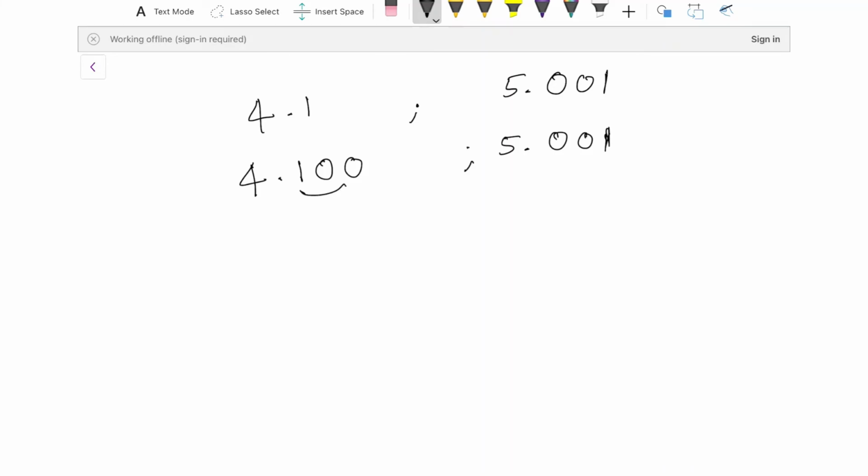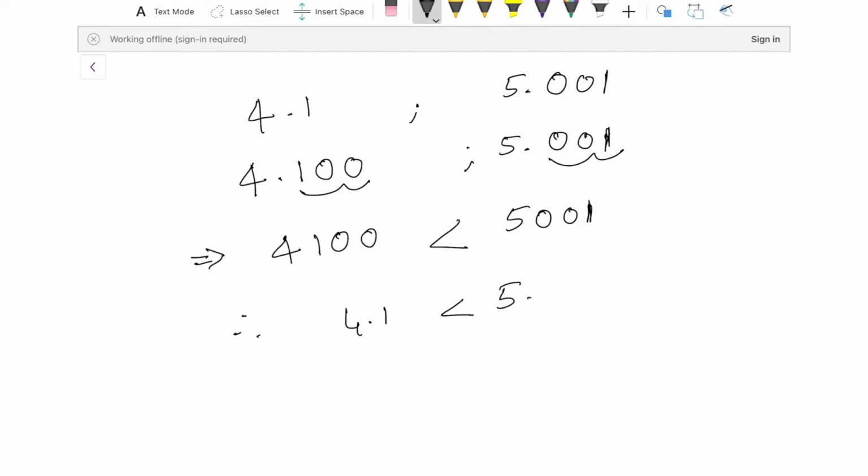Now you can see there are 3 decimal places in both the decimals. Therefore, they are like decimals. All you have to do is to ignore the decimal point. 4100, 5001. 4100 is less than 5001. Therefore, 4.1 is less than 5.001.